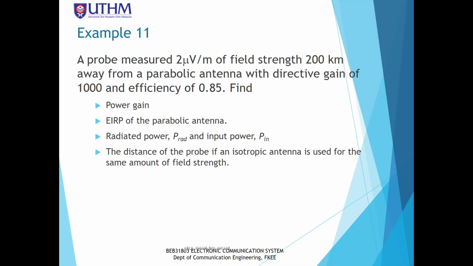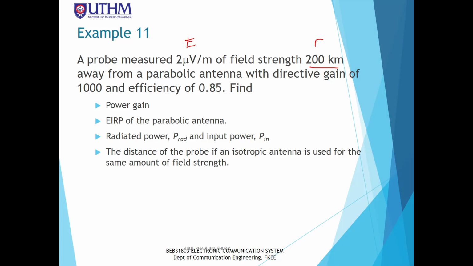Okay, example 12. A probe measured 2 microvolt per meter. So this is an E field, volt per meter, E field of field strength 200 kilometer away from a parabolic antenna. So the distance is 200,000 meter.